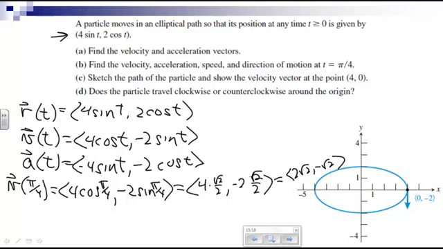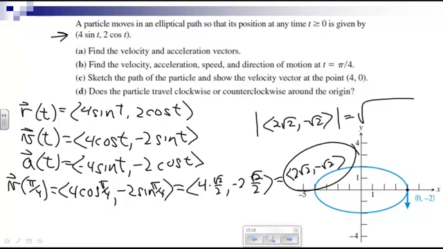How do we find speed? Find the magnitude of that velocity vector, especially if they tell you to find the speed at a particular time. Find the velocity vector at that time, and then find its magnitude. The square root of 2 root 2 squared plus negative root 2 squared, which is 4 times 2 is 8, plus 2.